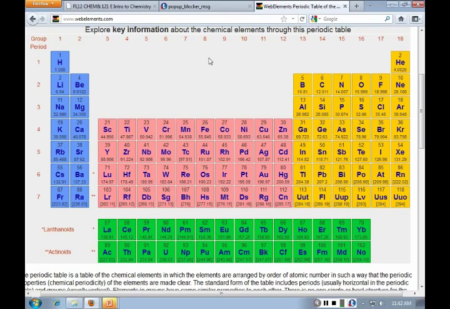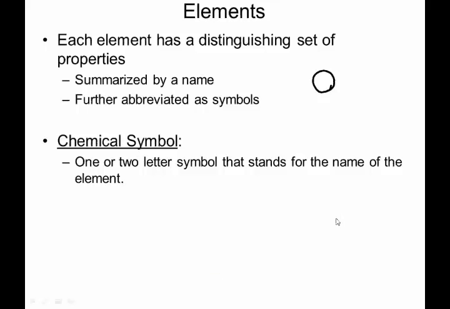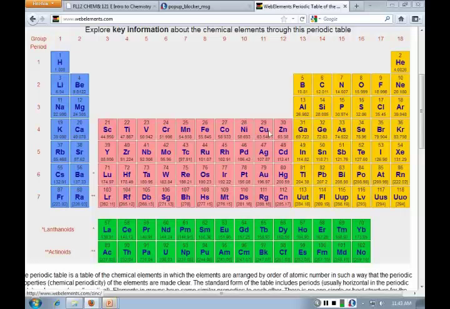Like I said, we refer to these elements by their names, and these have these further abbreviated symbols. So the chemical symbol is a one or two letter symbol that stands for the name of an element. Only the first letter is ever capitalized, so that's how we can tell the distinction between some of these things. If we look at the periodic table, see all the two-letter elements, the second one is lowercase.